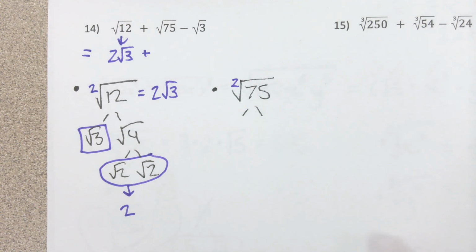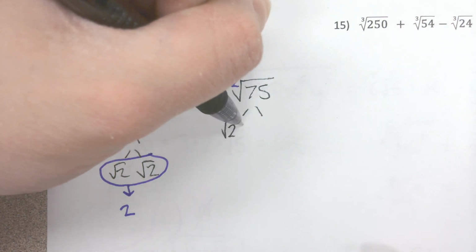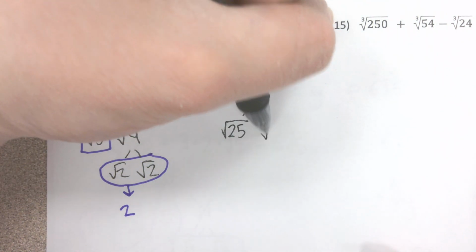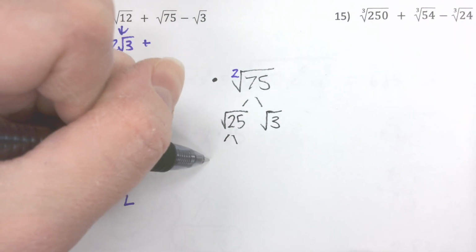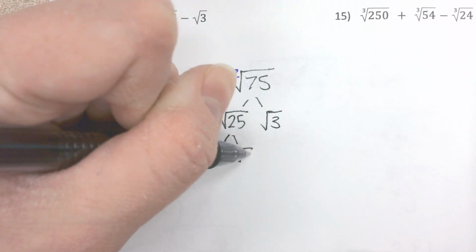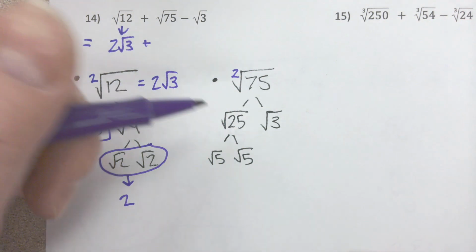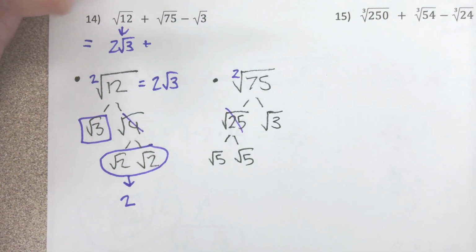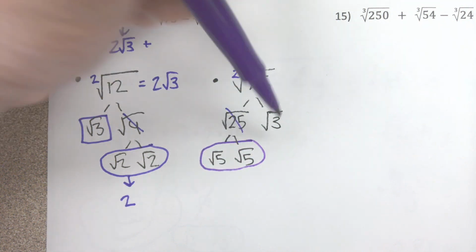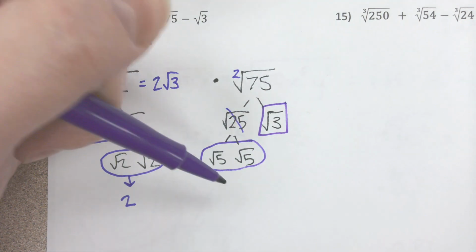I hope most of you think of 25 when you see that number, 25 and 3. The 25 breaks down into 5s. So we're done with the 25 now. Groups of 2, we have 2 5s here and a lonely square root 3.